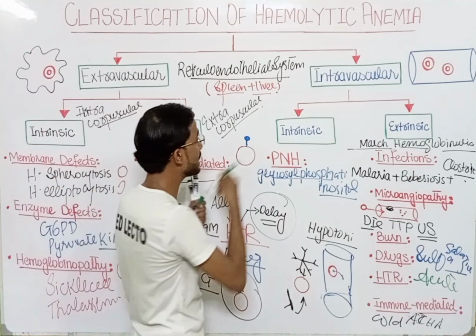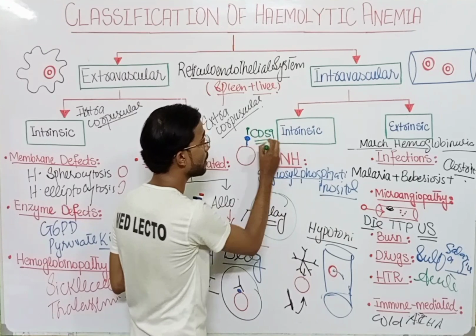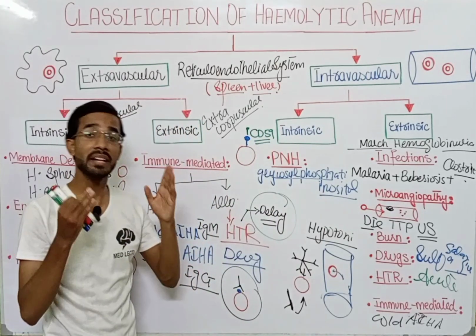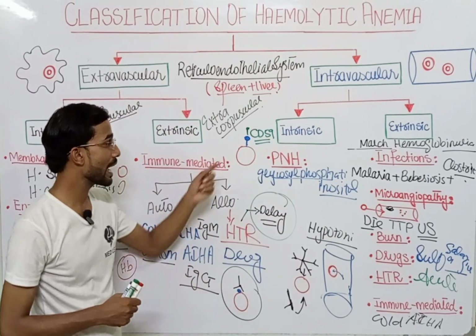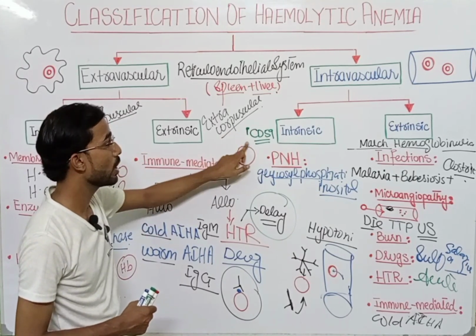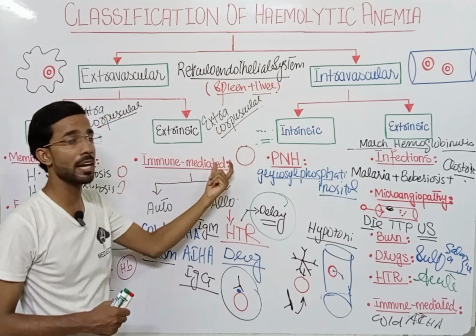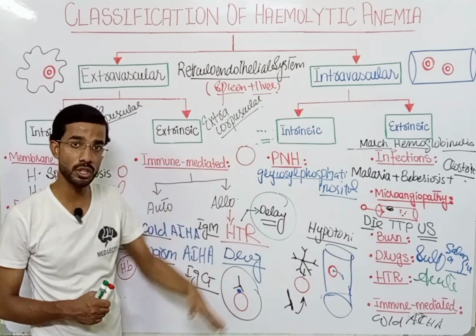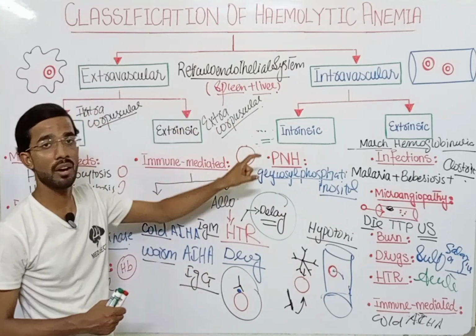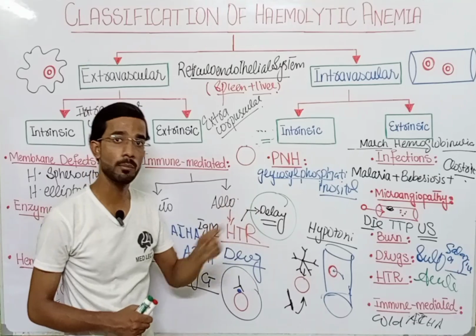That will attach different proteins like CD59 that actually prevent reactive lysis. So if there is no glycosyl phosphatidylinositol, there is no CD59, and ultimately this red blood cell is vulnerable to destruction in the intravascular space. So that's the most important thing about paroxysmal nocturnal hemoglobinuria.